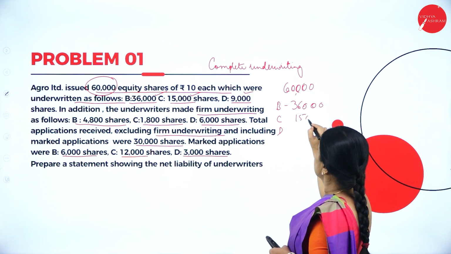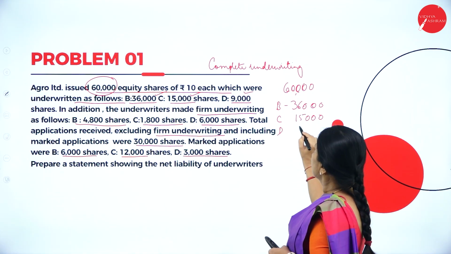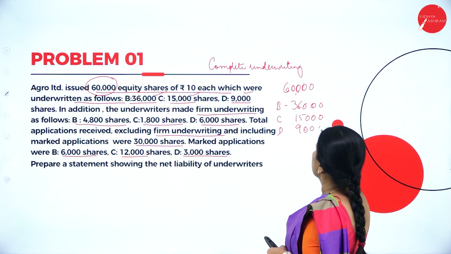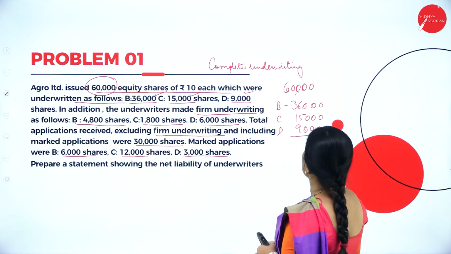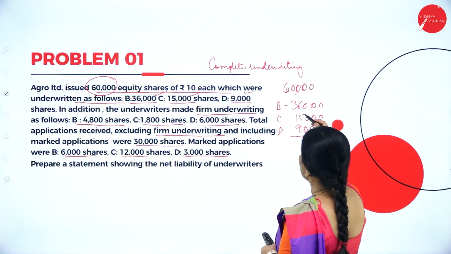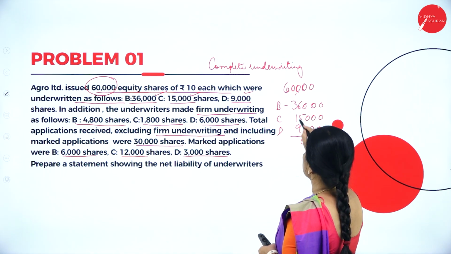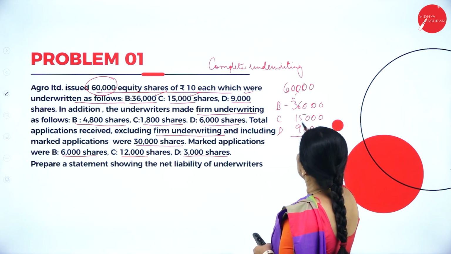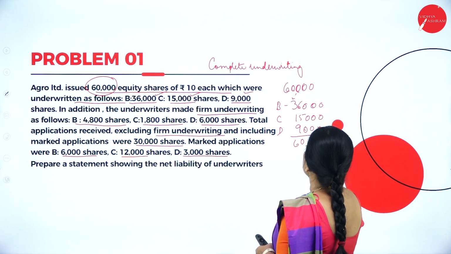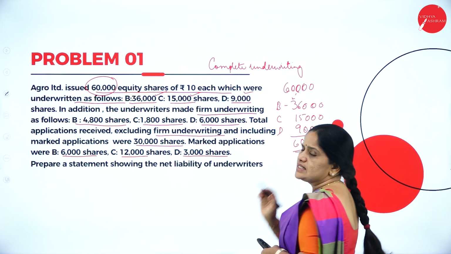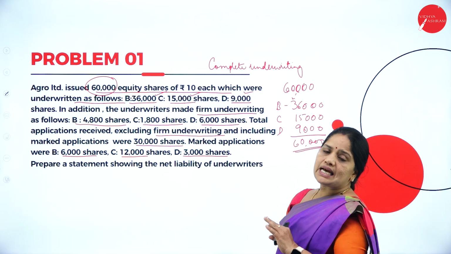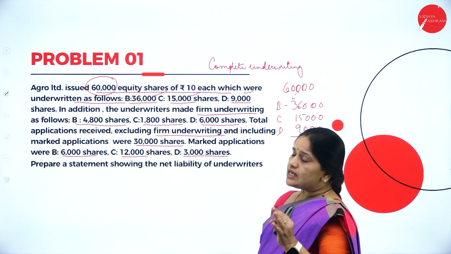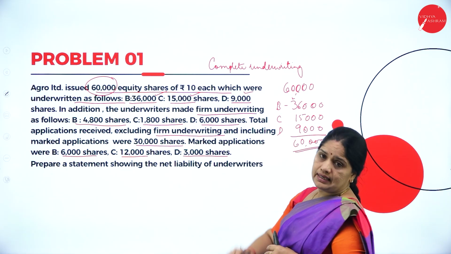C has underwritten 15,000. D has underwritten 9,000. So, the total comes up to 60,000. So, this is a case of complete underwriting. When the entire issue is undertaken by all the underwriters, we call it complete underwriting.